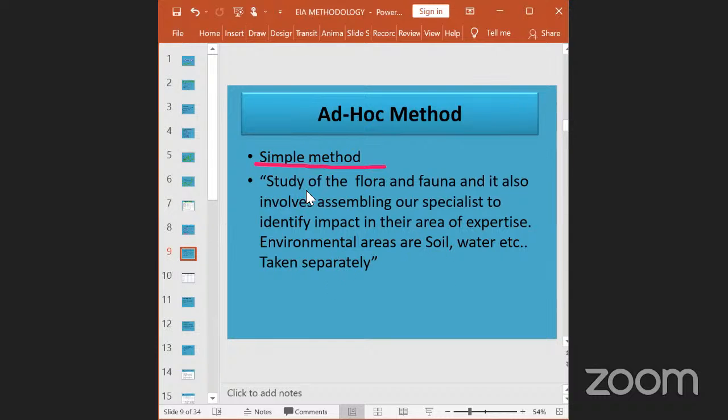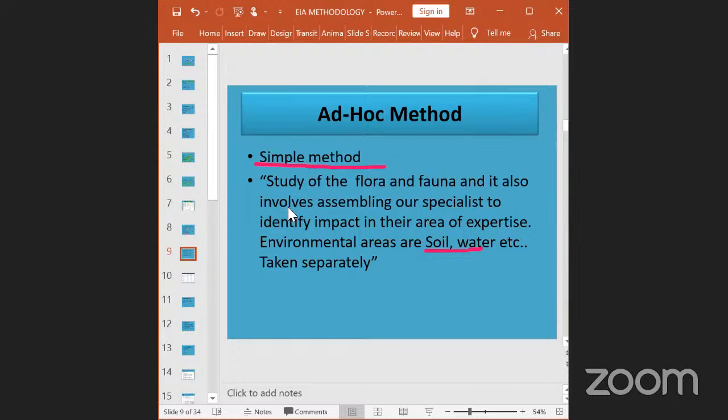For example, if you are doing a project, any study of the flora and fauna also involves assembling specialists to identify impact in their area of expertise. Environmental areas are soil, water, etc., and each is taken separately.